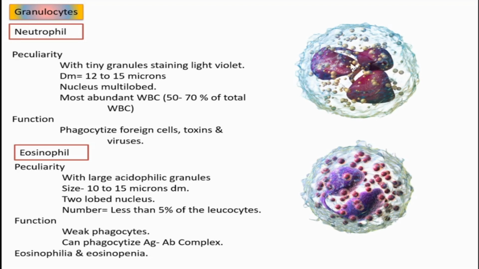It can be 3, 4, or 5, and the maximum is not clearly mentioned. But if minimum 3 lobes are present, it will be a neutrophil. And the neutrophil is the most abundant WBC. It accounts for 50 to 70 percent of the total WBC.